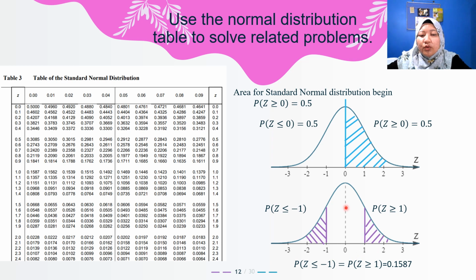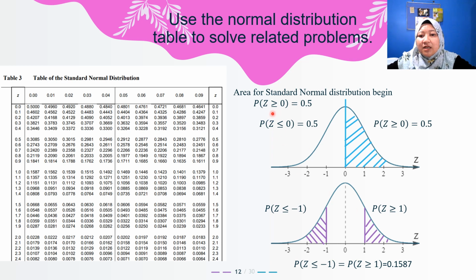So, untuk menggunakan tables of standard normal distribution ni, kita perlu menggunakan kawasan yang lebih besar. Ingat ya, kita perlulah menggunakan simbol greater than or equal to. Ataupun this one is continuous random variable, so dia tak kisah kalau kita guna equal ataupun not equal sign.